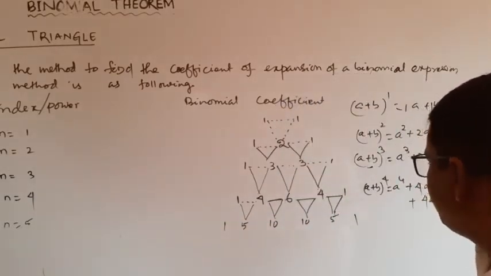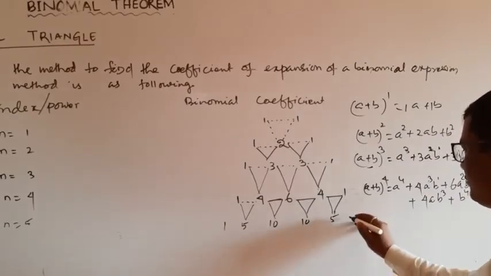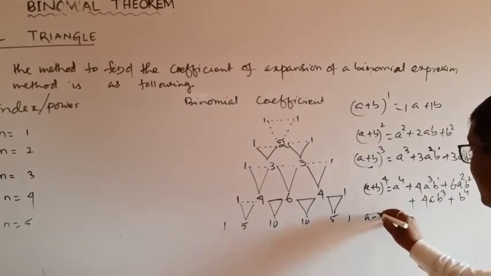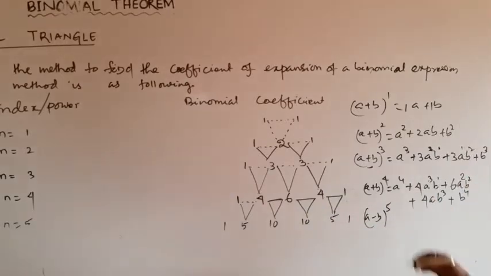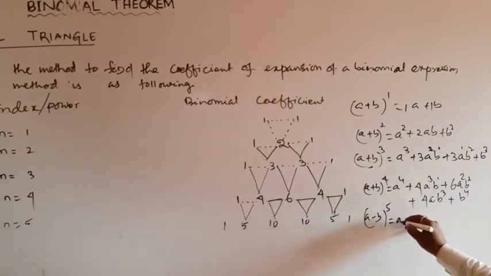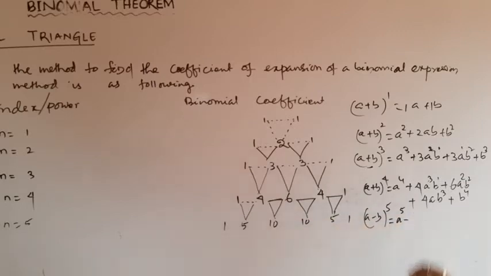Suppose what is a minus b whole fourth? a minus b whole fifth means starting from plus sign a fifth, then minus.